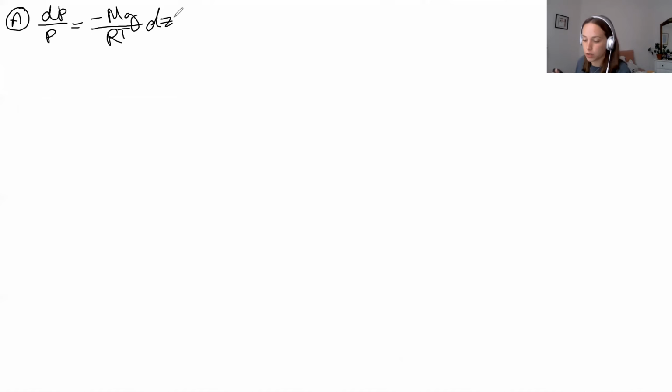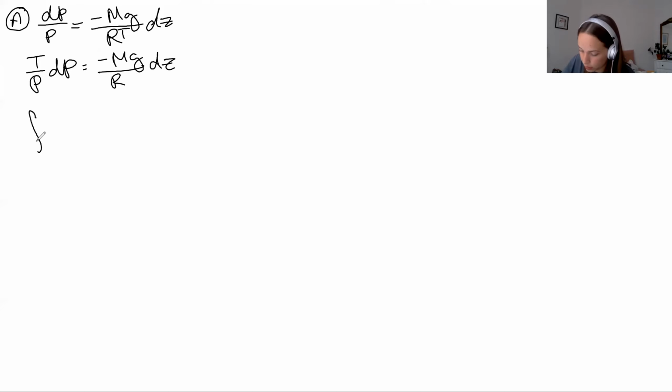Okay, so for here, we're going to move temperature over to the left-hand side. So we have T over P dP, and then we are going to integrate this in regards to pressure, from some initial pressure to some final pressure.